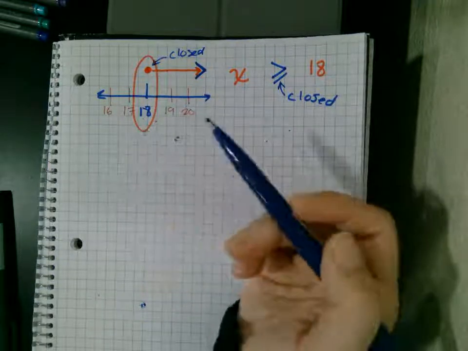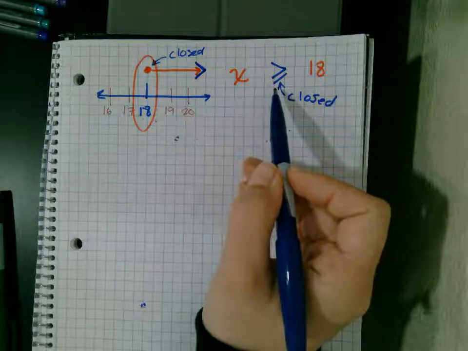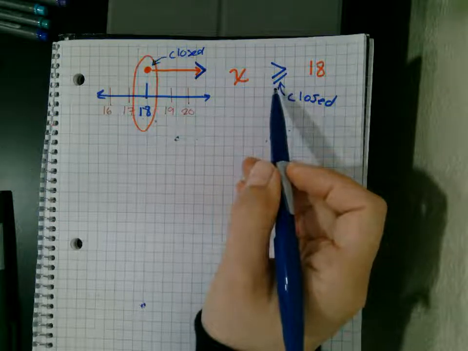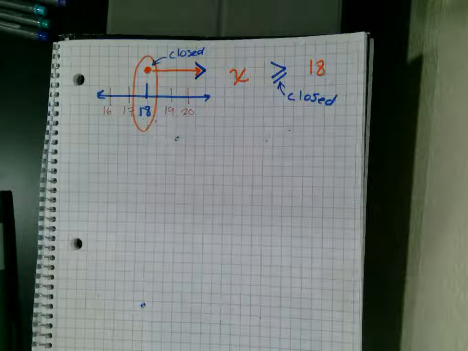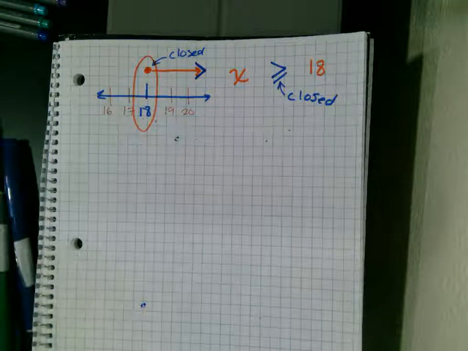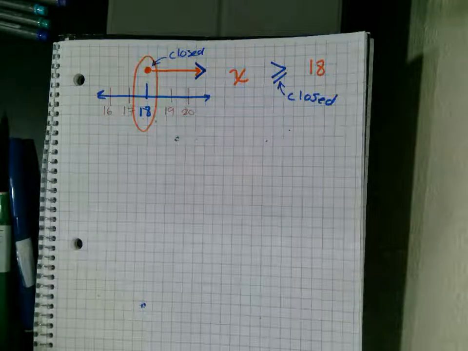If it didn't have that extra little line, that equal to part, then it would not be closed. That little line means it's shaded, it's closed. All right, any questions so far?